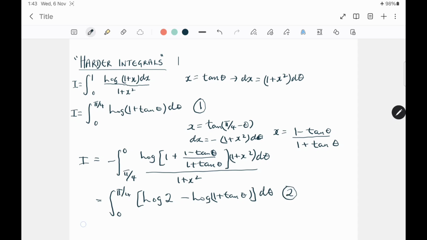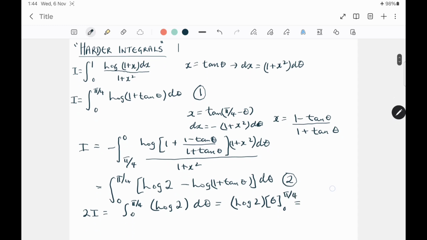When you add them together, you'll get 2I, and that'll be the integral from 0 to pi upon 4 of log 2 d theta, because the log 1 plus tan theta cancels out with its negative when we add them up, and so we're down to this fairly simple integral here now, which is log of 2 times theta, the integral of 1 being theta, between limits pi upon 4 and 0.